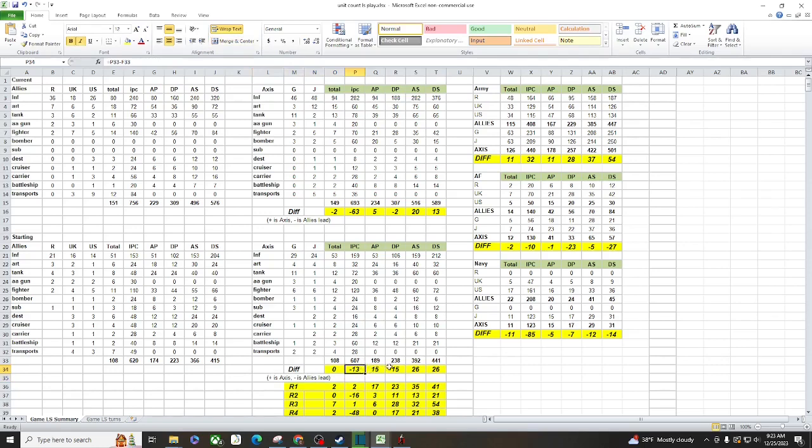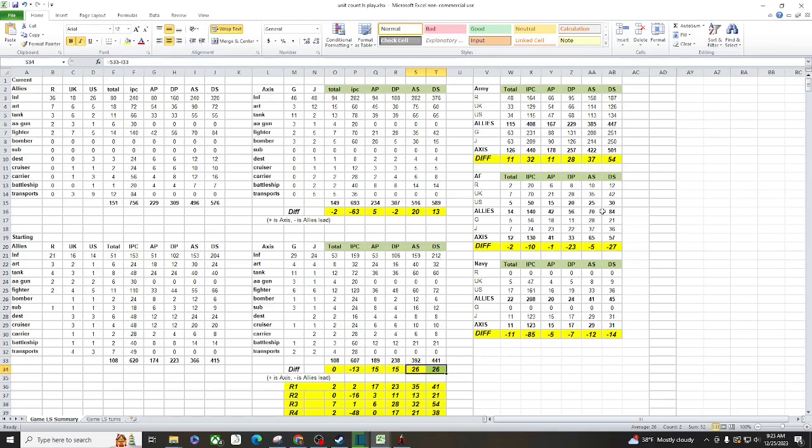So negative is Allies, which is me in this game, and positive is Axis, which is him. So the starting board, I think we all knew the Axis starts with more attack power, more defense power. The Allies units are a little more valuable overall. And then, of course, attack strength and defense strength go hand in hand with attack power and defense power. So that's the starting game.